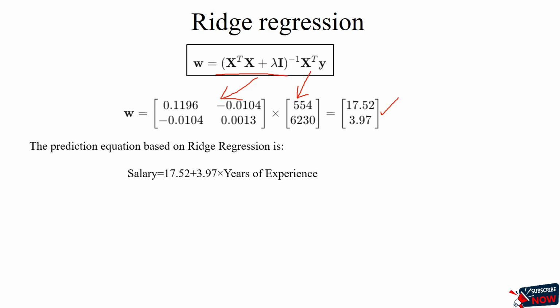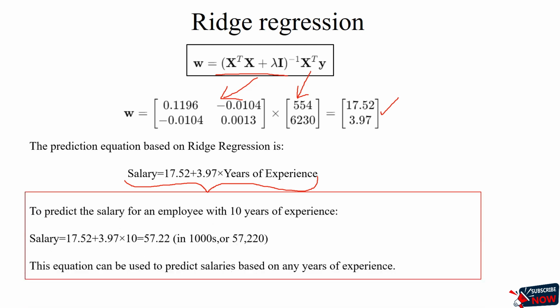Once these values are computed, we can substitute them in the prediction equation. The prediction equation based on ridge regression is: salary is equal to 17.52 plus 3.97 times years of experience.